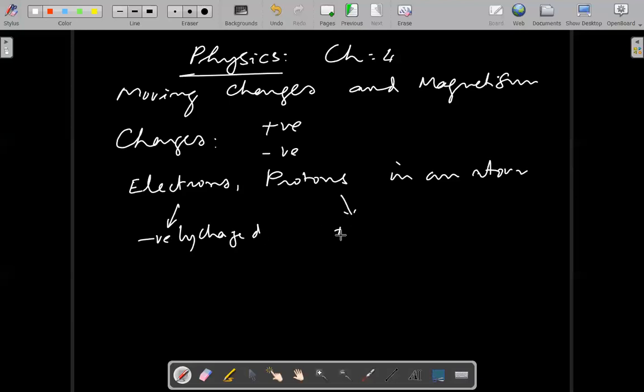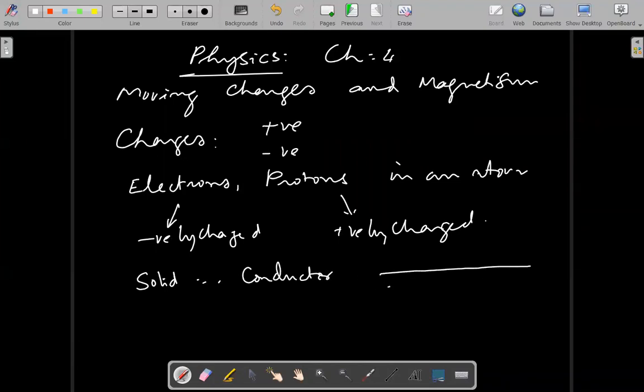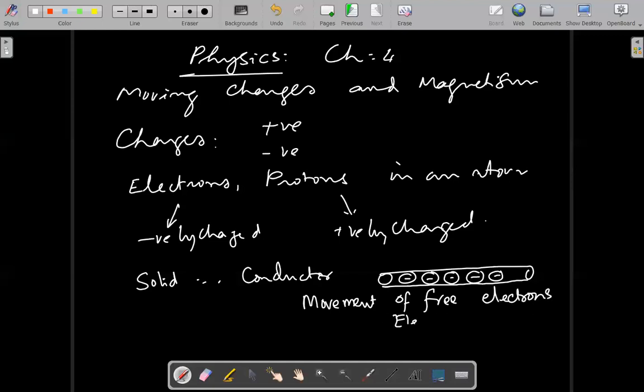Protons are positively charged. And we have looked at, for example, a solid that is a conductor. The electric current in a conductor can be because of so many electrons moving. So the movement of free electrons causes the electric current.